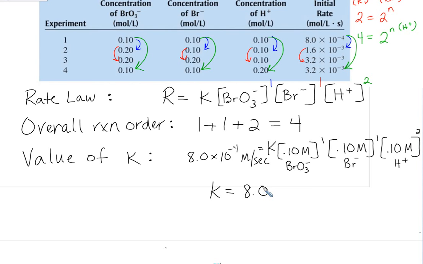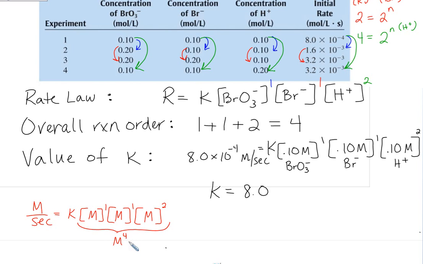Okay, so I would have had something that looks like this. Molarity per second, that's the rate, equals K times molarity to the first, molarity to the first, and molarity to the second, which obviously then would simplify to molarity to the 4th power.